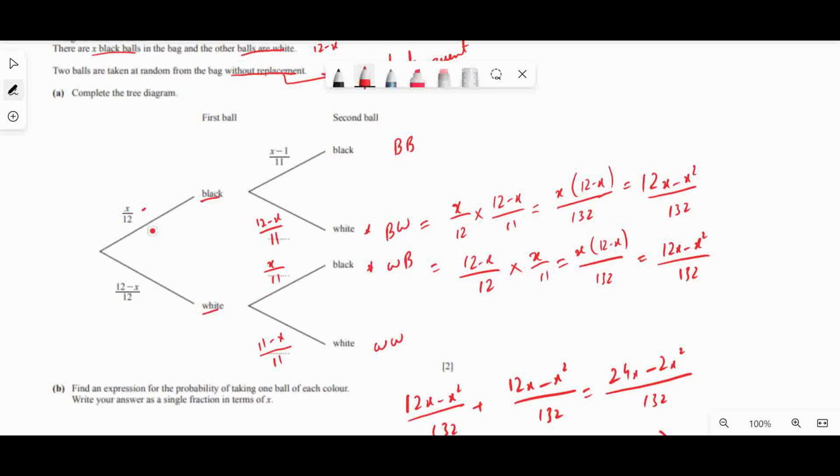So this will be the first one. This is the probability that both the balls are black.